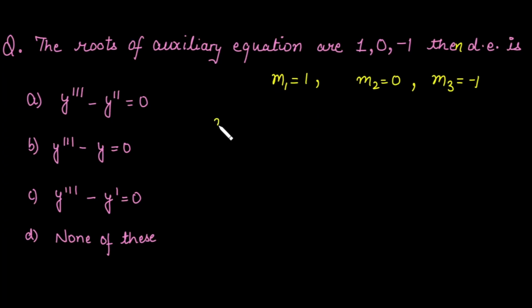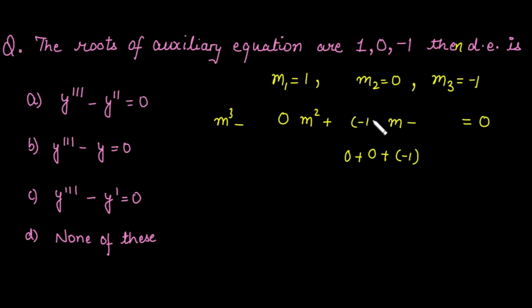From here we can write m cube minus (sum of roots) m square plus (coefficient) m minus (product) is equal to 0. What is the sum of all these roots? That is 0. Then what is the coefficient of m? So 1 into 0 is 0, plus 0 into minus 1 is 0, plus minus 1 into 1 is minus 1. What is the sum?